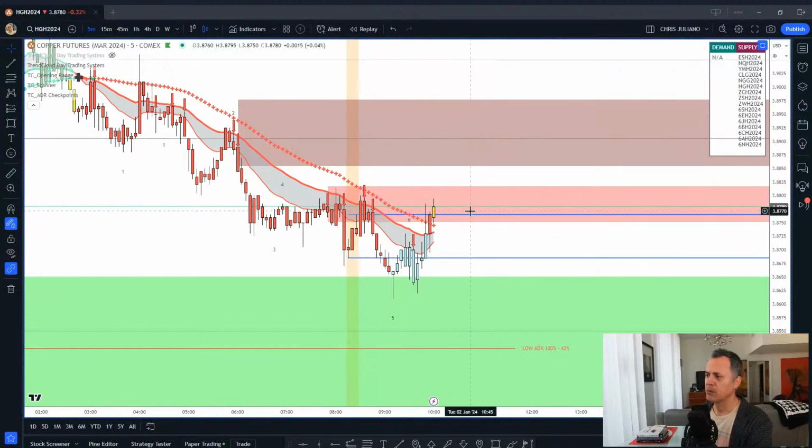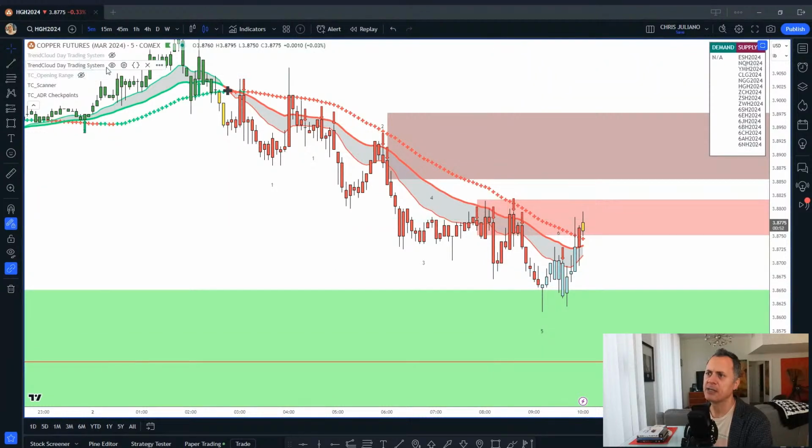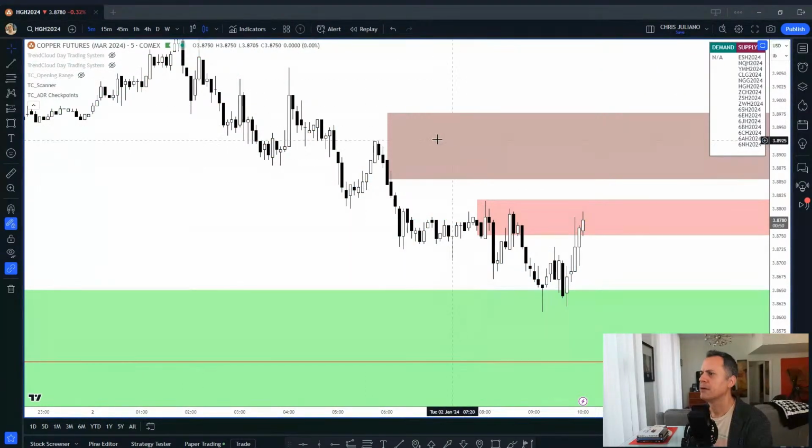Pulling back, this has to close. This has got to close so that we can recalculate. All right. This is the high time frame trend cloud. What do we have in there? Let's take a look and see if we have anything inside of this area.